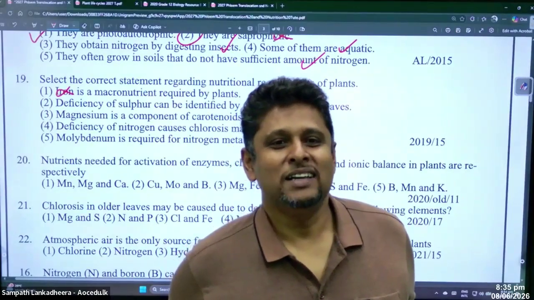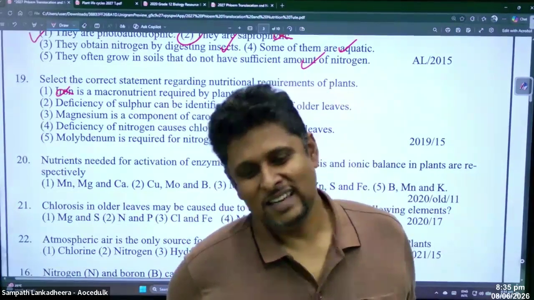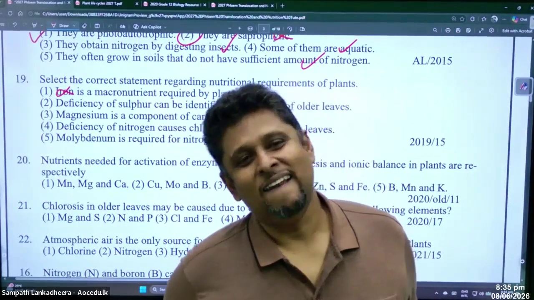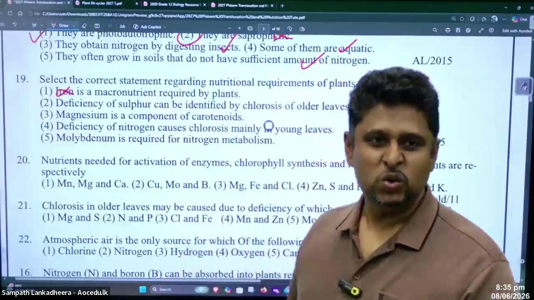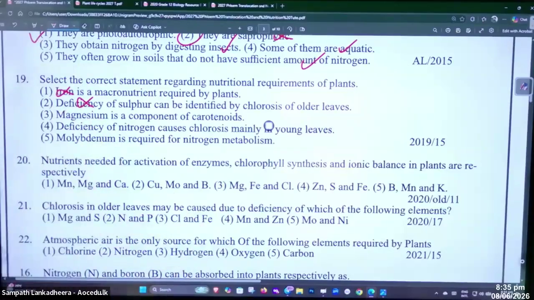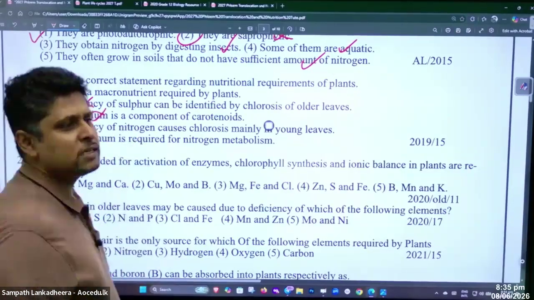Sulfur can't be old. Sulfur deficiency happens in young leaves, so that's wrong. Magnesium is a component of carotenoids. That's wrong, not carotenoids.